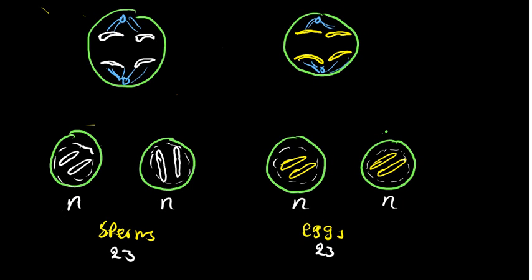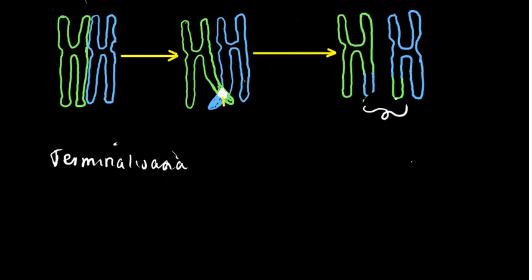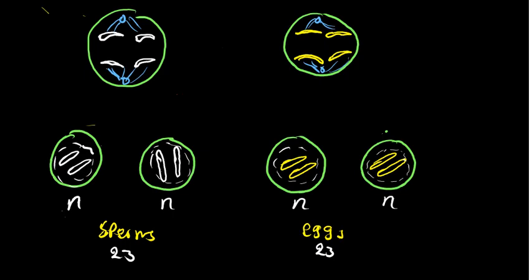But think of, let's say in meiosis 1, those did not separate. So when the homologous chromosomes fail to separate, we call that condition non-disjunction. These are your stuffs.